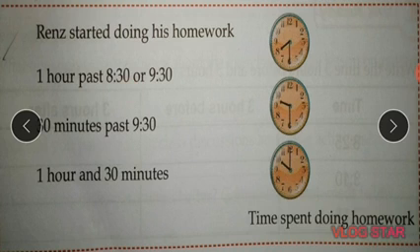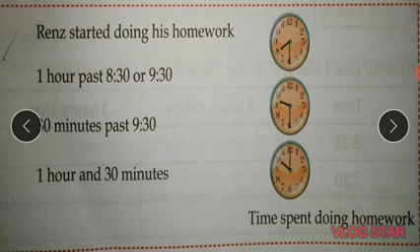From 9:30 to 10, that is 30 minutes past 9:30. So you will just add the 1 hour and 30 minutes to make it 1 hour and 30 minutes. That is the time spent doing homework.